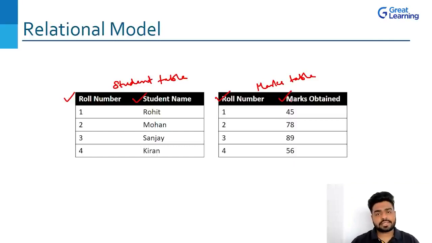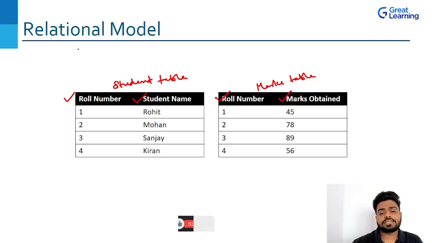Now, let's say we have a query, a problem where we want the details of all the students who have scored more than 40, or who have scored more than 45, something like that. And we want their roll number, their name, and also their marks. So you want all their details.